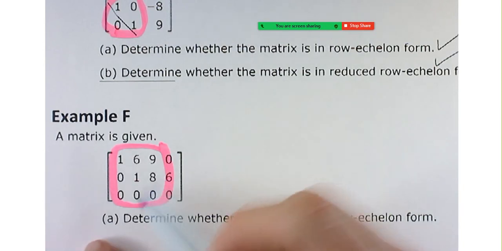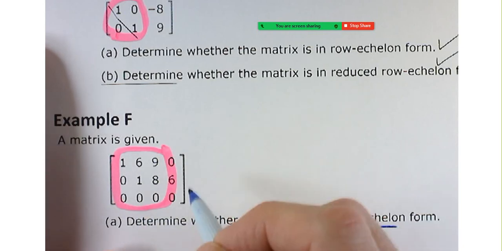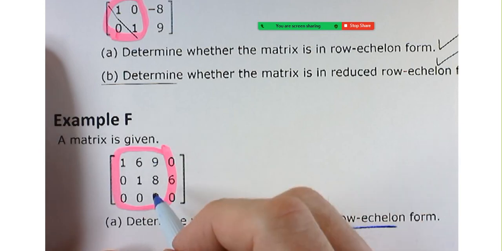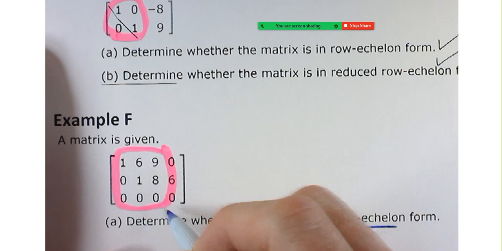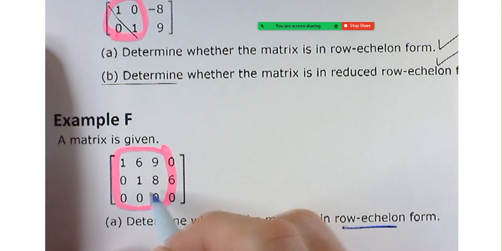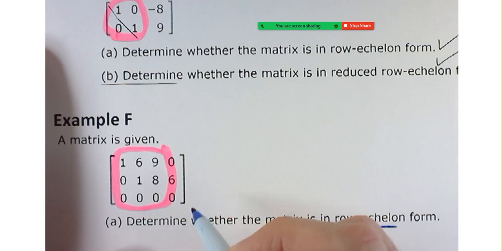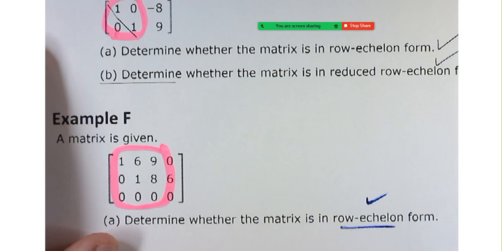Kind of. So for me, it is. I'm hoping that WebAssign agrees with me, but you got 3 chances if it doesn't. I think it is because it's got numbers on this main diagonal and then zeros below it. So the fact that this one's a 0, maybe they count that as a bonus. Yeah, I'd say that's in row echelon form.